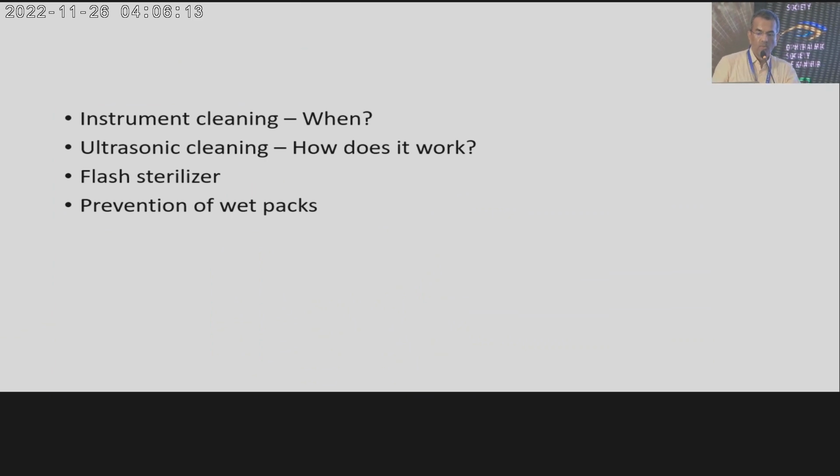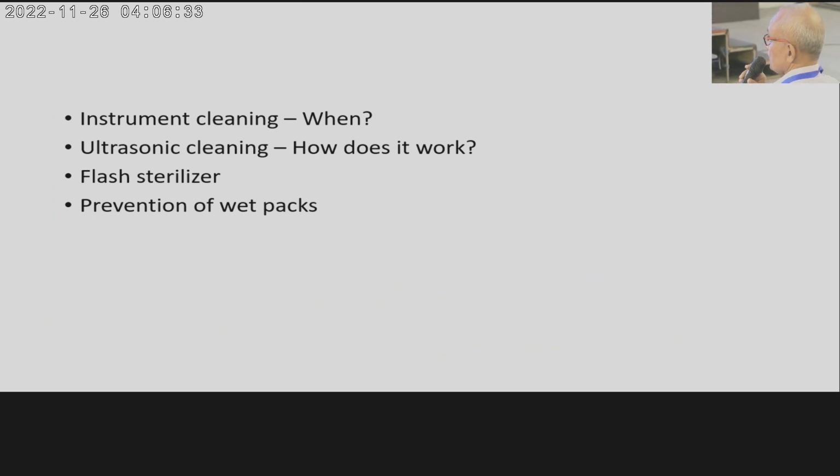How do we prevent wet packs after sterilization? Shashikumar. No, wet packs occur because of lack of vacuum cycle in the autoclave. There we'll have to check it with the Bowie-Dick test or even the Helix test. So frequently you'll have to check it.